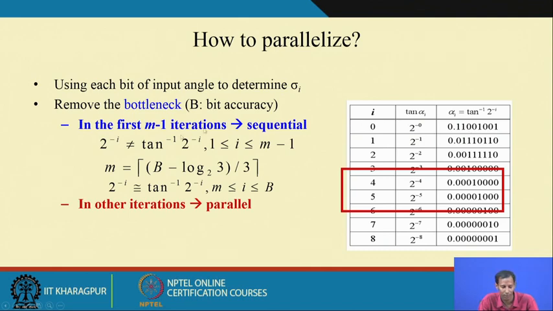For the first part, where the combination of zeros and ones is almost similar and only one factor is not dominating, we can follow this sequential approach. But where mostly 0 will dominate over 1, at that time we will use this parallel architecture.